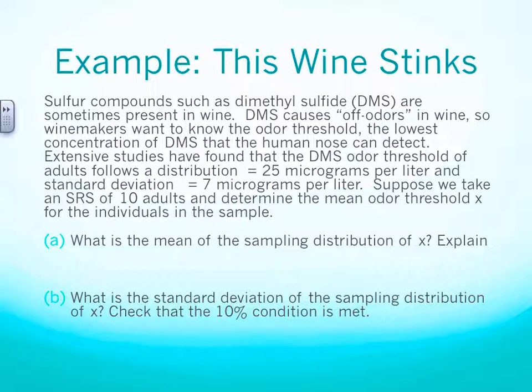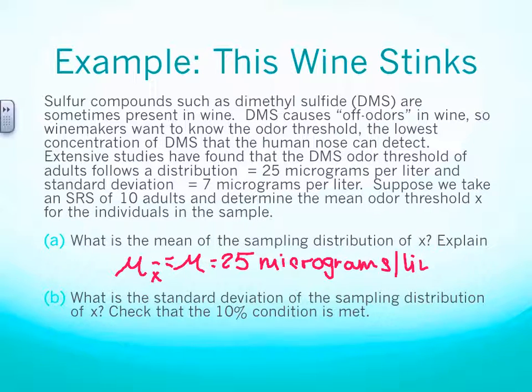Extensive studies have found that the DMS odor threshold of adults follows a distribution with mean 25 micrograms per liter and standard deviation of 7 micrograms per liter. Suppose we take a simple random sample of 10 adults and determine the mean odor threshold X for the individuals in the sample. Your mean is going to be quite simply the 25 micrograms per liter.